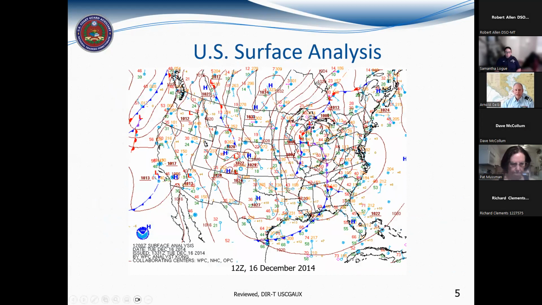So here is an example of a surface analysis chart, and the most prominent features on this chart, as you can see, are the high pressure areas over the Great Plains states.